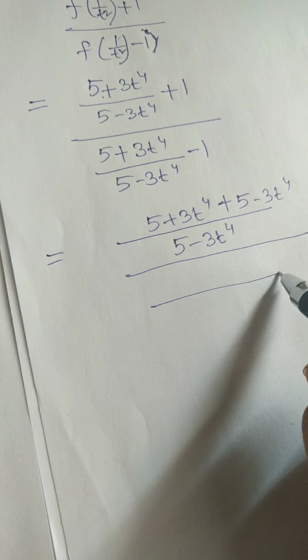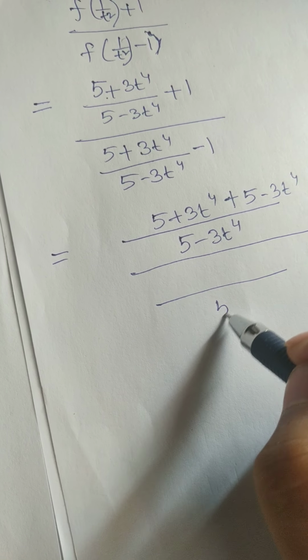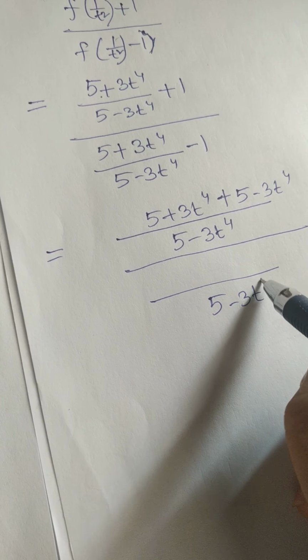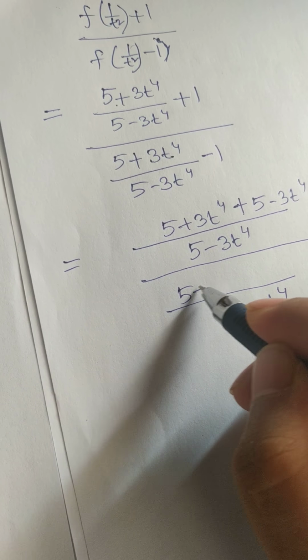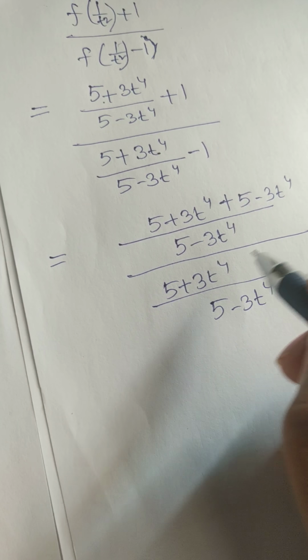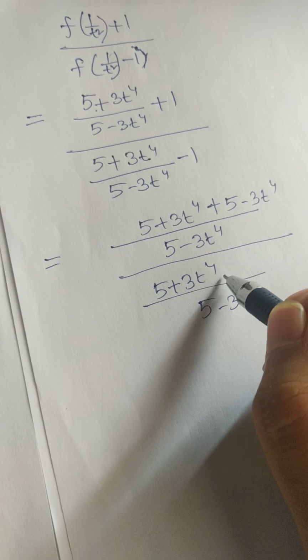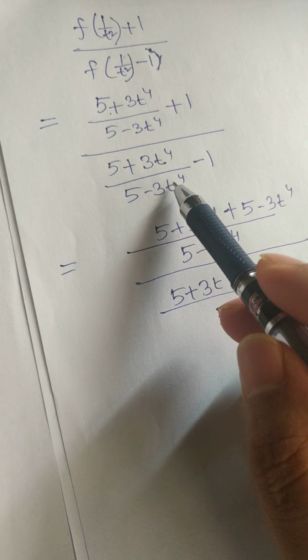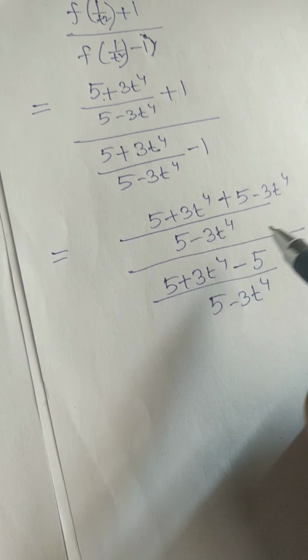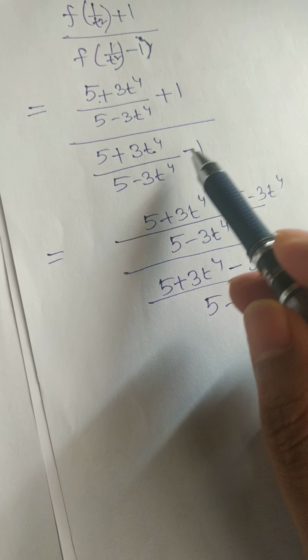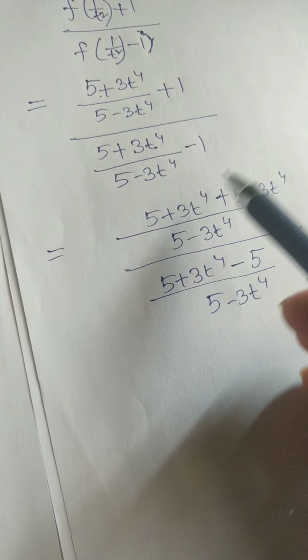Here also 5 minus 3t4 is also in LCM. So this remains as it is. So 5 plus 3t4 minus, this gets multiplied with minus 1. So minus 5 is as it is, but minus 3t4 into minus 1 is plus 3t4.